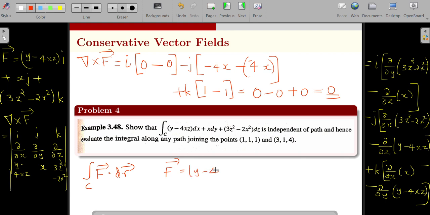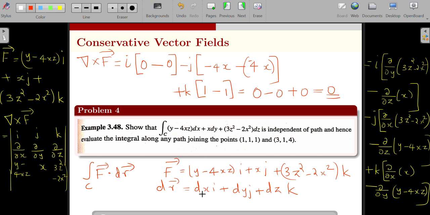If you take f equal to y minus 4xz i plus x j plus 3z square minus 2x square k, and dr is in fact dx i plus dy j plus dz k, then if you take the dot product of f and dr, this is in fact y minus 4xz dx plus x dy plus 3z square minus 2x square dz.